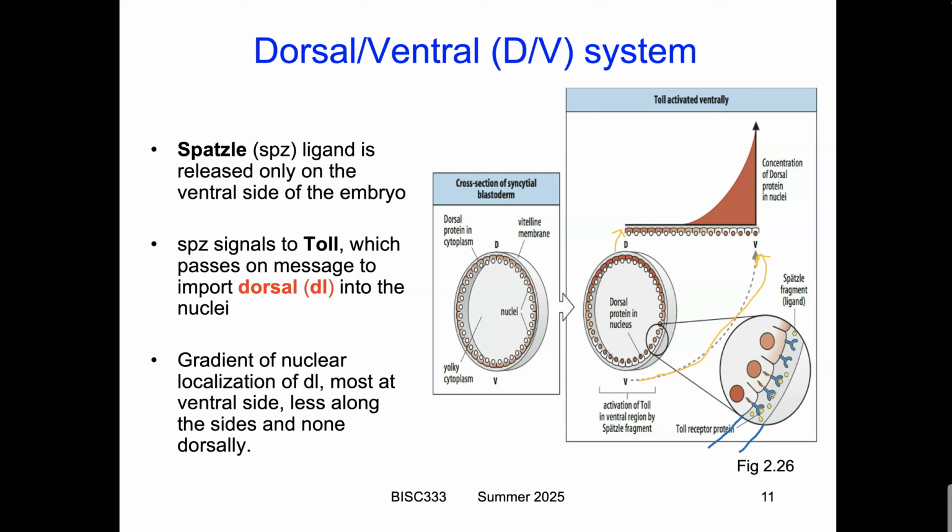But because you've got a limited amount of ligand here, the chances of it diffusing further up and around is lower and lower and lower, so we get this graded, where there's lots of signal, there's lots of dorsal in the nucleus, but then as we move up, when there's less signal, there's less. Some of the dorsal is still remaining in the cytoplasm. Okay, so that's the idea.